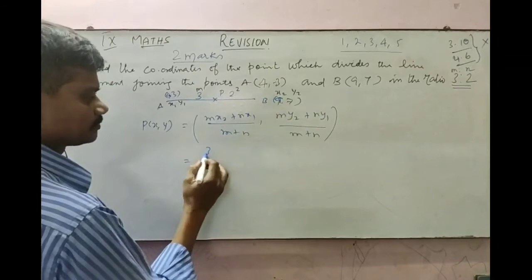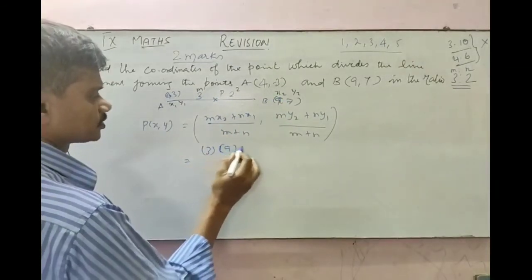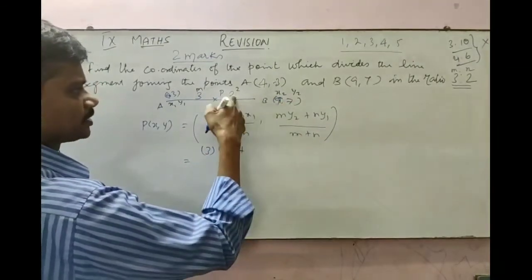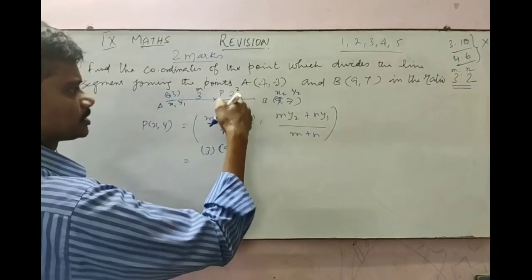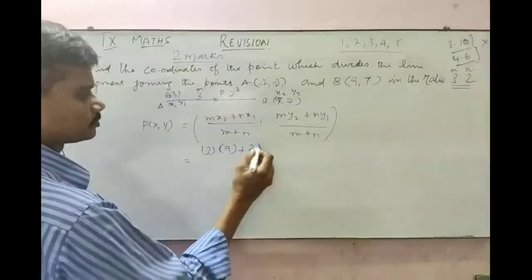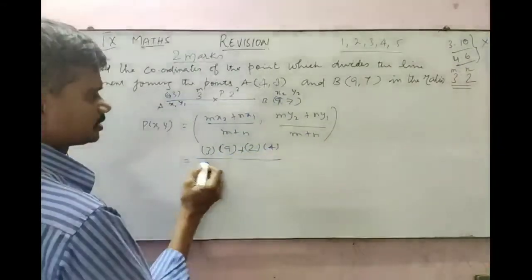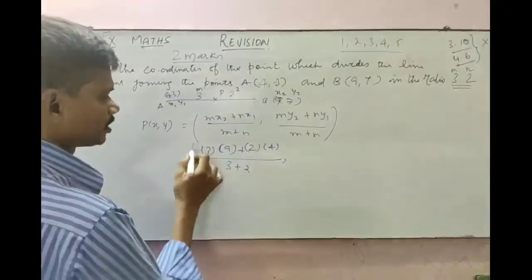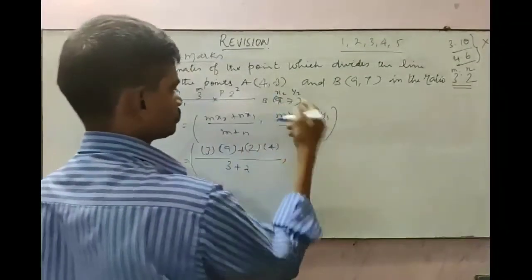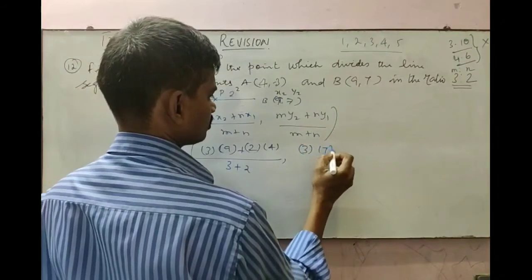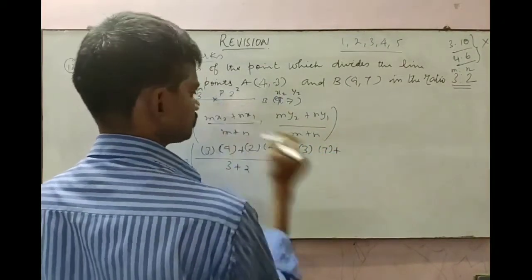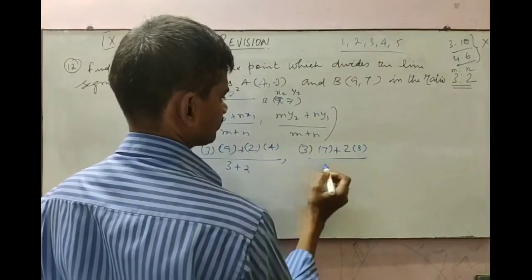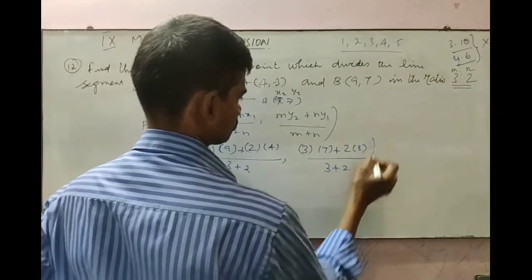3 into 9 plus n into x1, that is 2 into 4, whole divided by 3 plus 2; m into y2, 3 into 7 plus 2 into y1, whole divided by 3 plus 2.